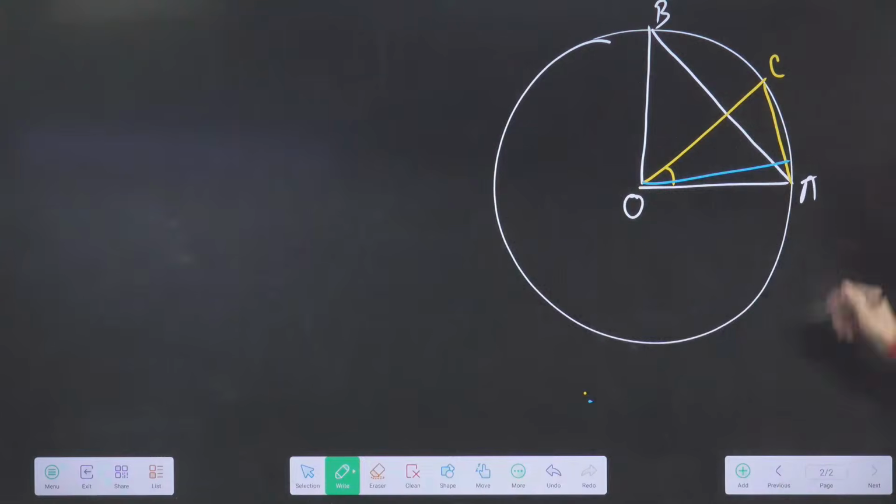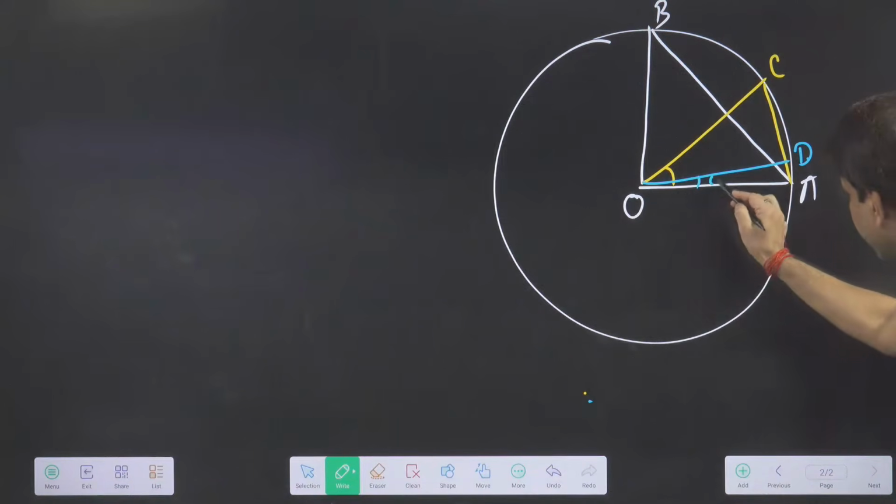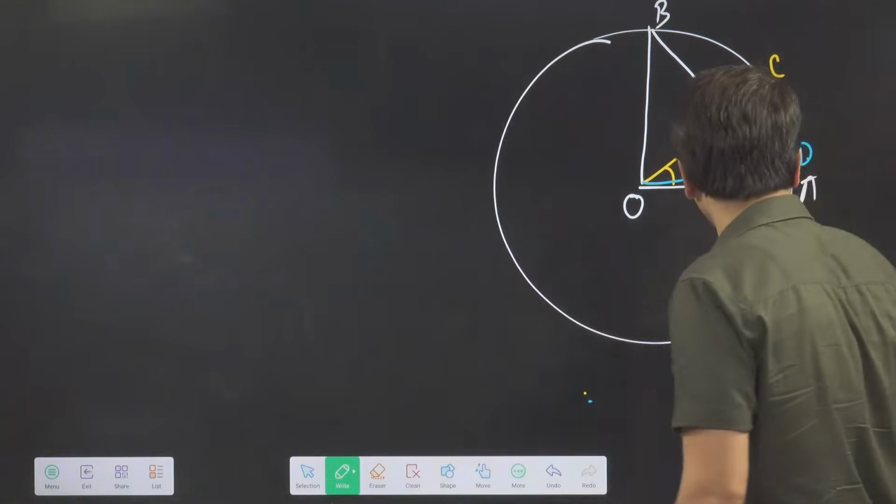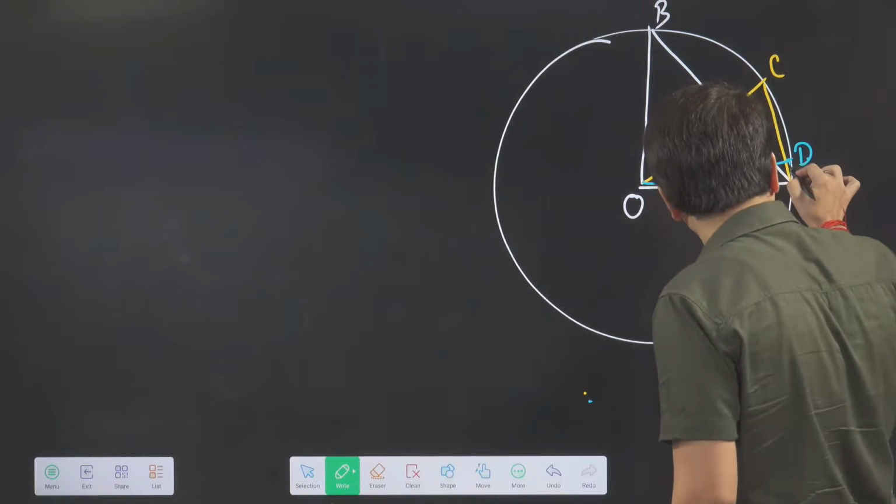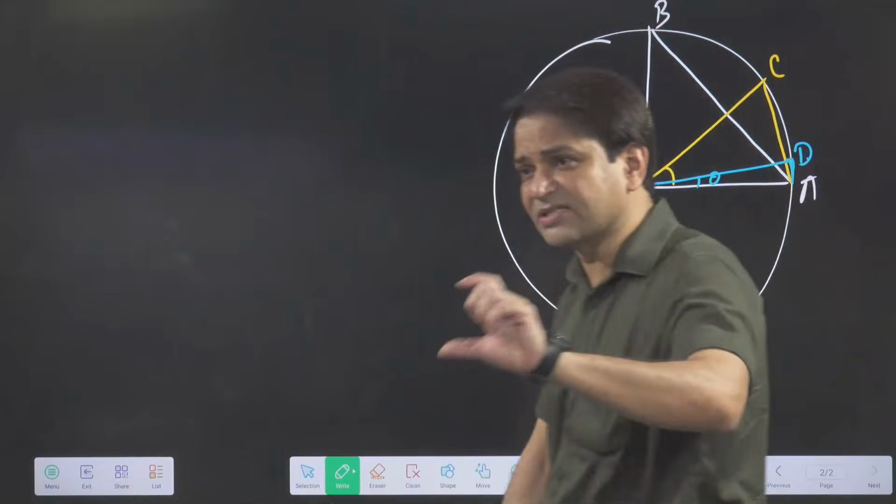Suppose I take this D. Now this angle is small, that is theta. If I join A and D, you will approximately get the straight length.